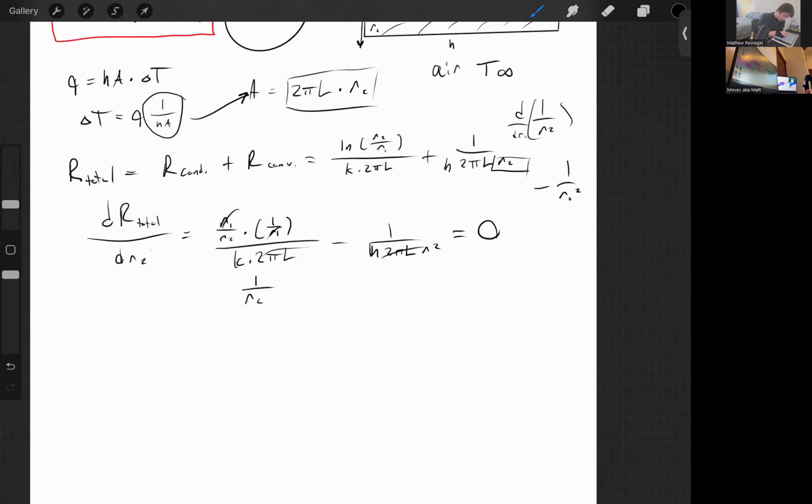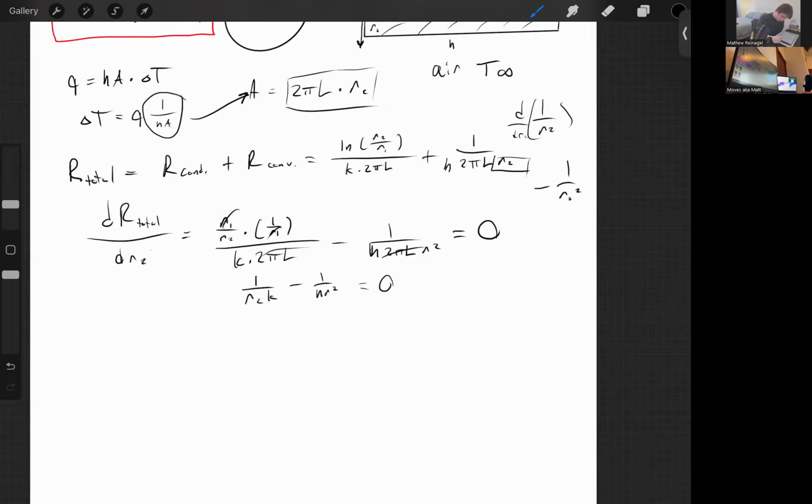Then we get 1 over R2 times K minus 1 over HR squared, which equals 0. I'm making sure I'm not missing any constants.